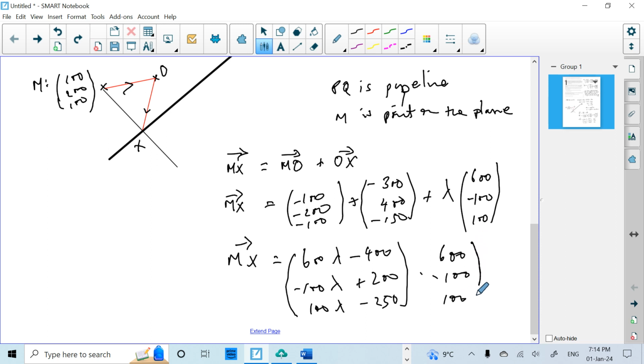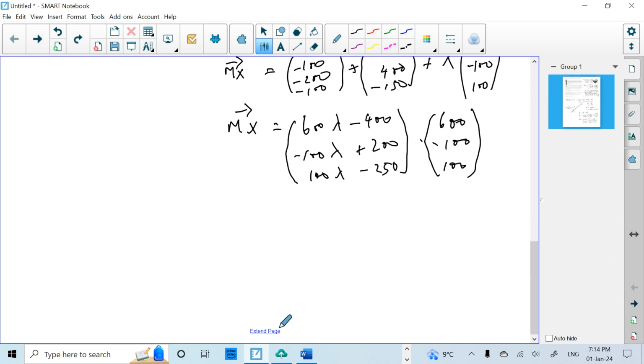To avoid big numbers, I'm just going to divide everything through by 100.